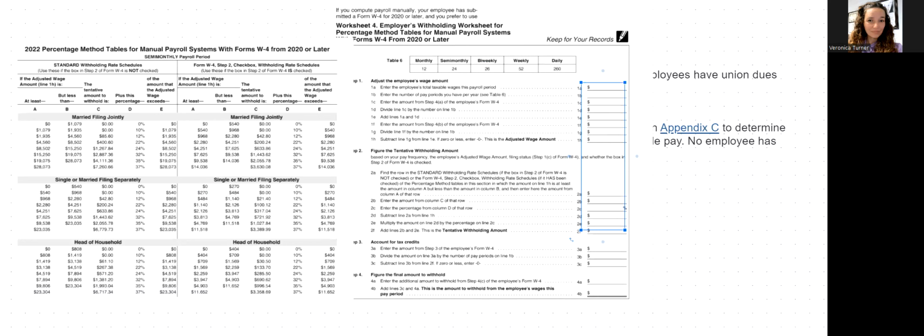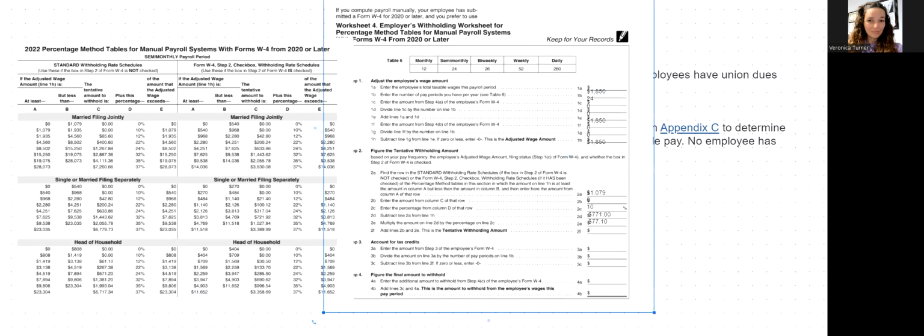Then we enter the amount from step 3 on the employee's W-4. Step 3 is about dependents. So in this guy's case, he has 0 dependents, so the answer would be 0 for 3A. We have to put 0 for their pay period because there's no need to put it for this one. And then subtract line 3B from line 2F.